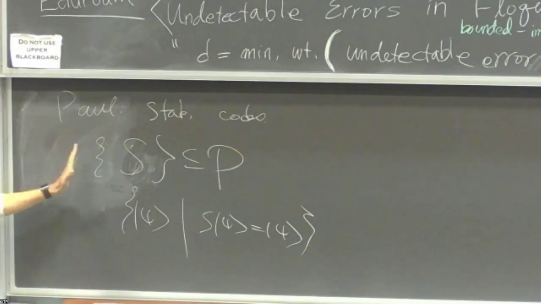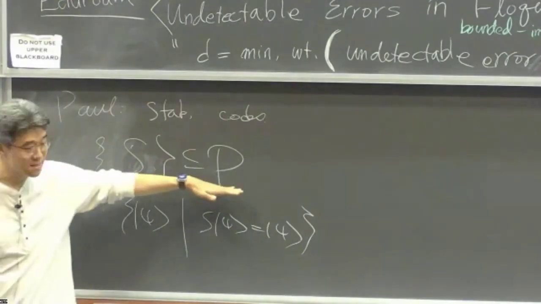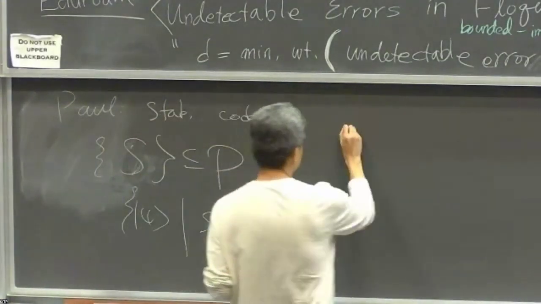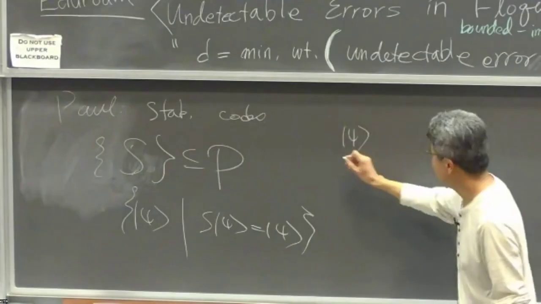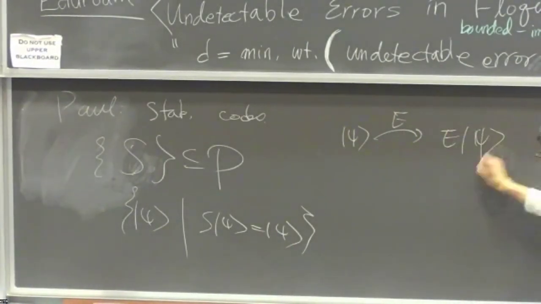Once you define this, the next thing you will define is what the logical operators are, which is the commutant of this group, or in the group language, the centralizer of the stabilizer within this Pauli group. And when it comes to error detection and error correction, then you will learn that some error is happening. How do you model that? We think of originally a code state is now mapped by some error and becomes the error applied state.